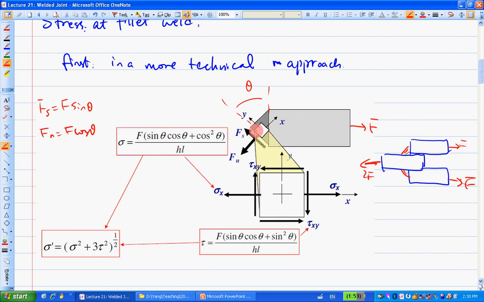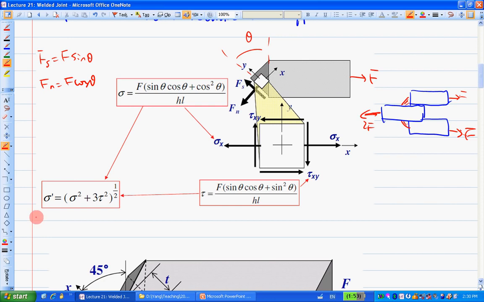The area is this length times the total length. Once you get sigma x and the shear stress, plug them into the von Mises stress formula from distortion energy theory. You can calculate the von Mises stress. So basically we have a von Mises stress here.